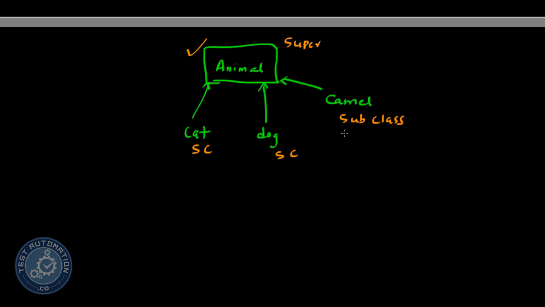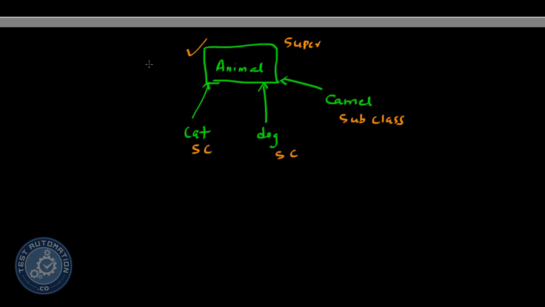That behavior will come by default. So for example, every animal eats, sleeps, and moves. Without going too logical, basically these are the common things across different animals. So I can define them in the animal superclass.